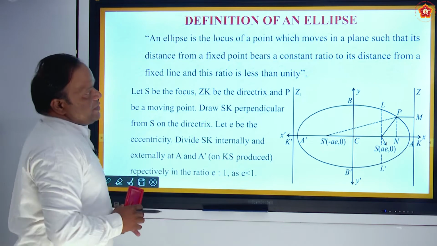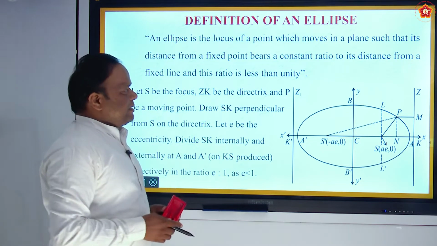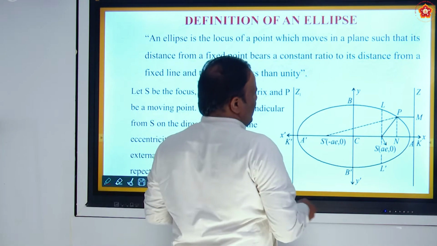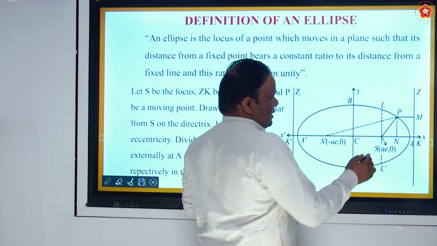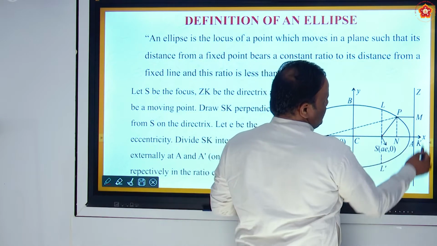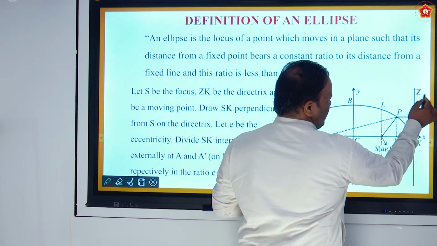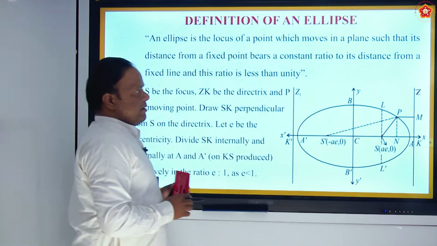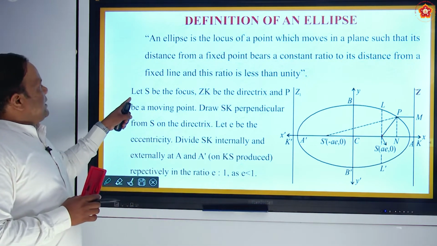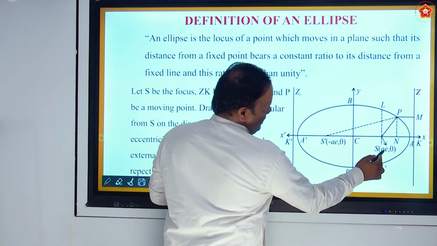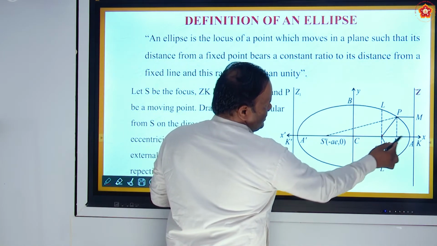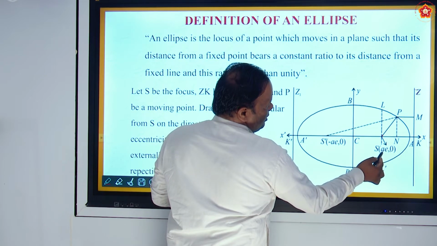So come to the derivation. A very simple derivation. Draw the ellipse here. First, S is the focus and ZK, or L, is the directrix of the ellipse. Here is S. Later I will explain how AE comes, because the point lies on the x-axis so the y coordinate is 0, but what about AE?